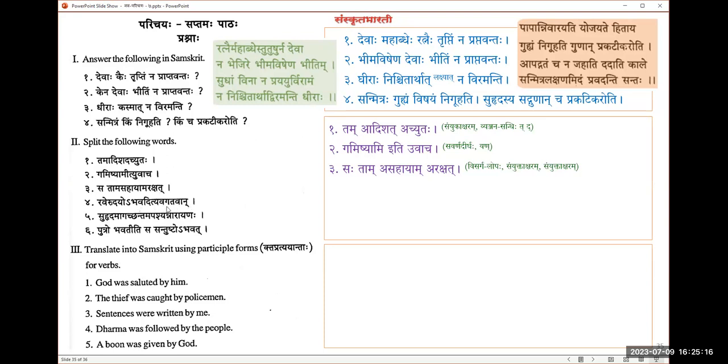Yanasandhi is there. Of the Ravi, the rise happened. So somebody understood that the sunrise has happened. That's all it means. Ravehe Udayaha Abhavat iti avagatavan.